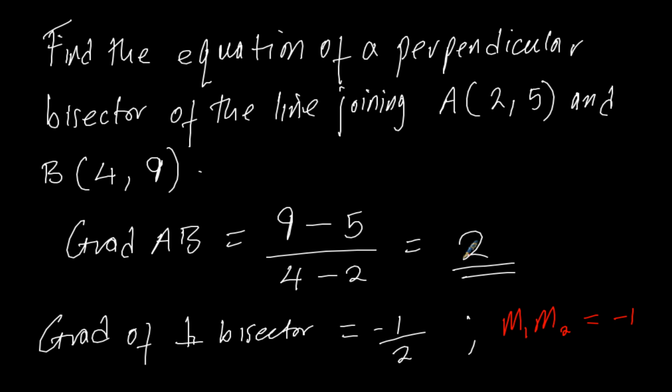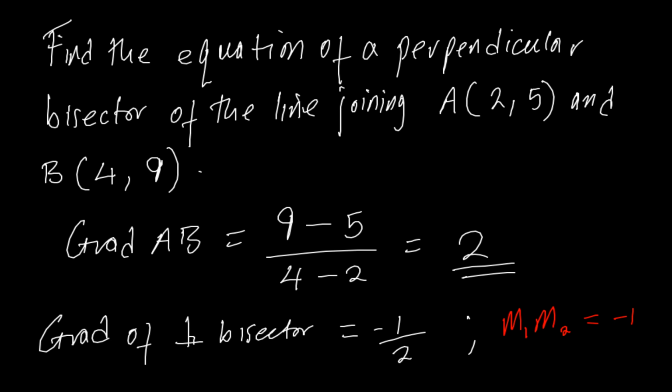If m1 is the gradient of the line AB, so this will be 2, m2 is equal to -1, and I divide by 2 on both sides. I get my m2 to be -1/2. So that's what we use to find that gradient.